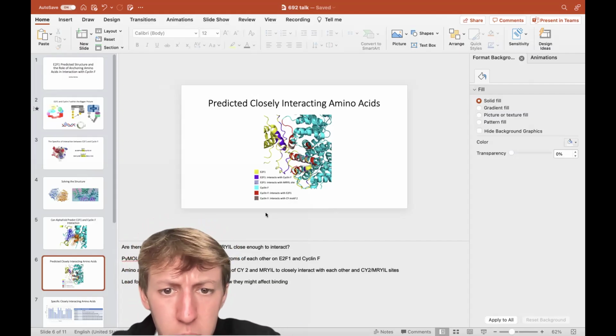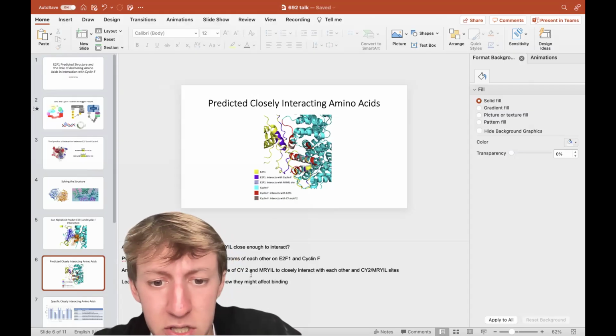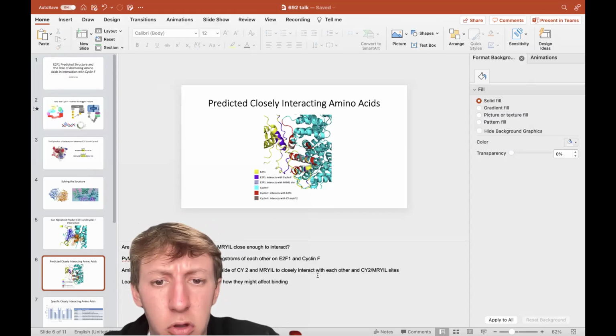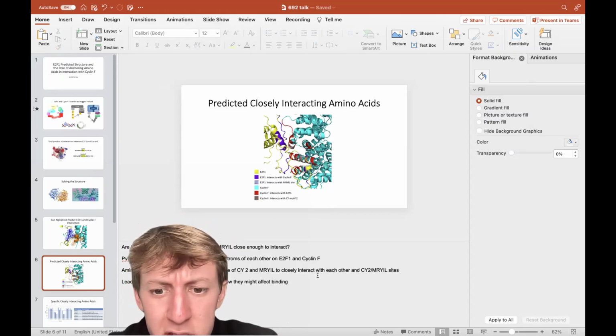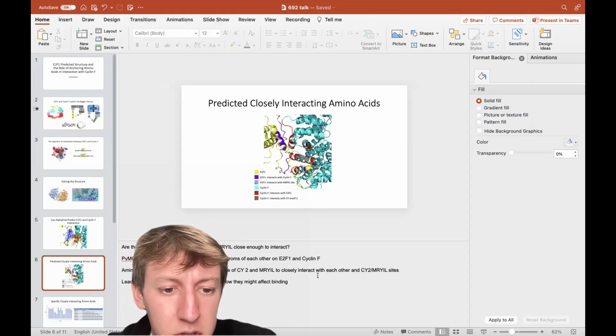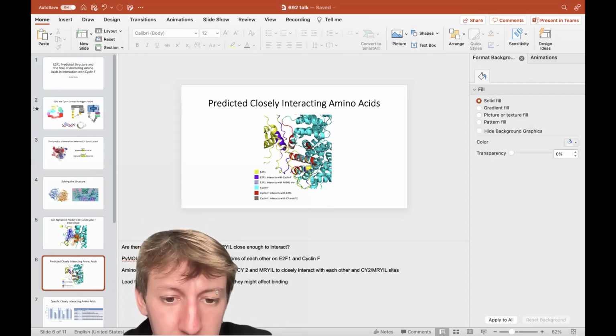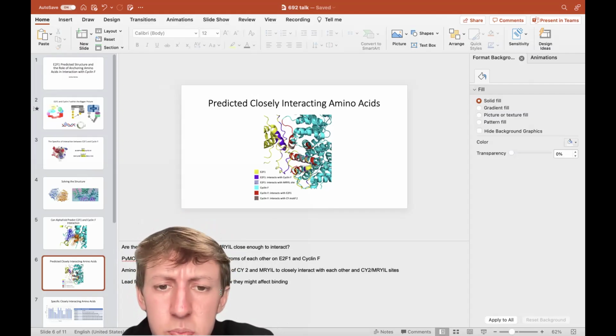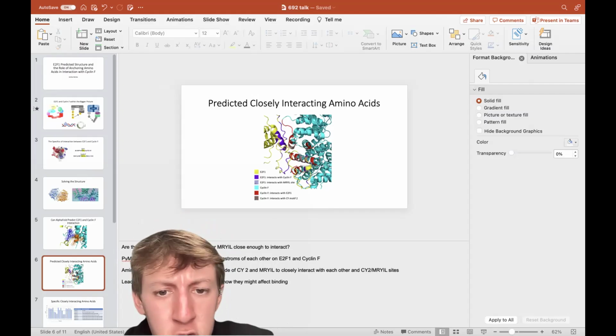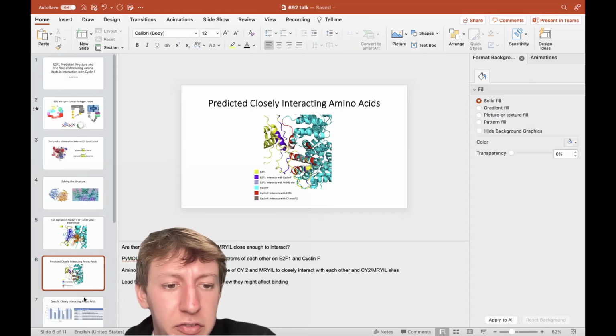From this, it was found that amino acids outside of the Cy motif 2 and the MREL closely interact with the different proteins and with the Cy motif and the MREL site. This leads me to do some more mutations around these closely interacting amino acids, specifically in E2F1, to investigate how they might affect binding.